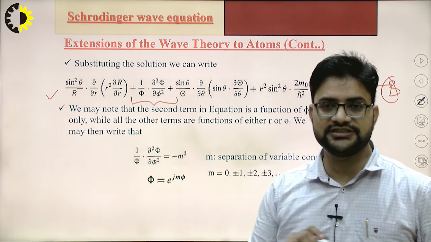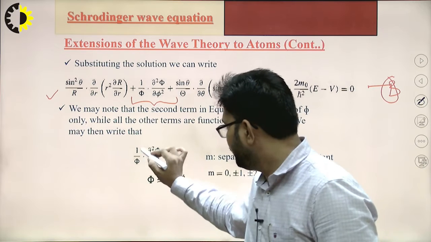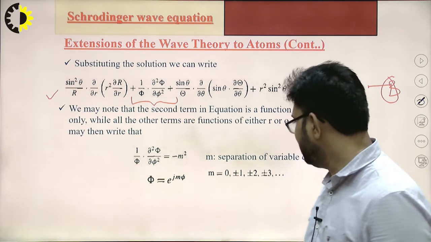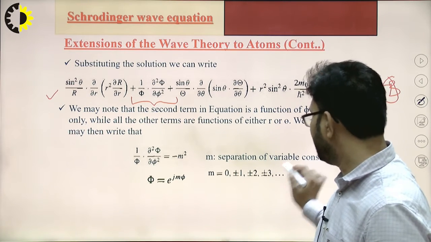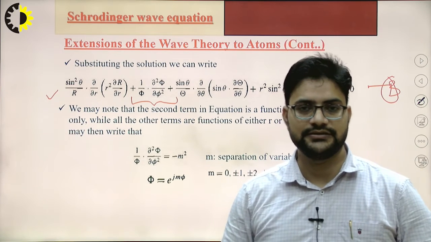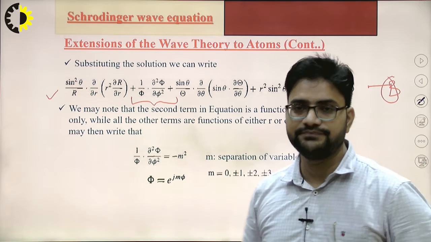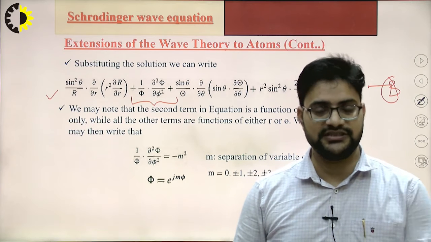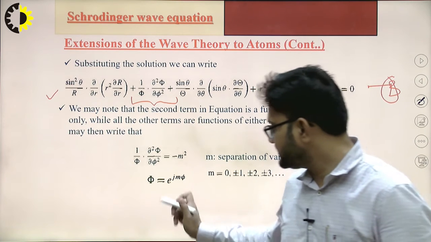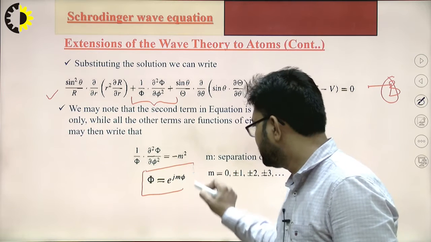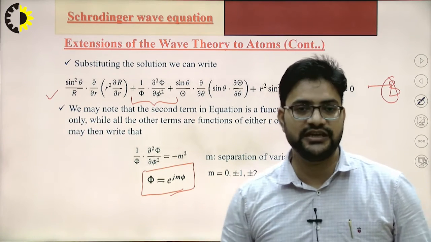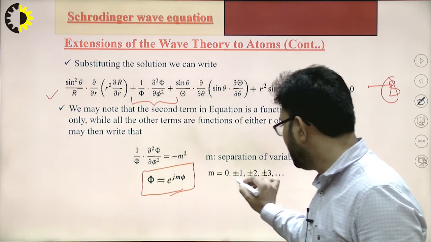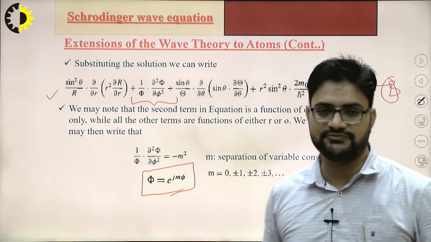So if we consider only this term, we have 1 upon Phi del 2 Phi upon del phi square is equal to minus m square, where m is called the separation of variable constant. This is a second order partial differential equation, and we can solve it easily. After solving this, what I will get is Phi is equal to e raised to power j m phi, where m has the value 0, plus minus 1, plus minus 2, and so on.